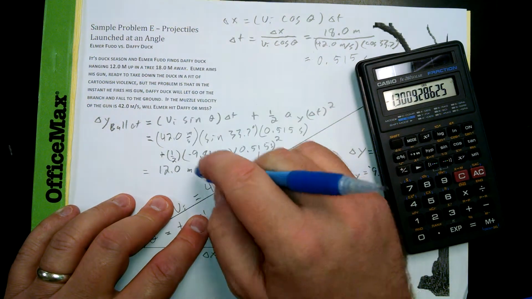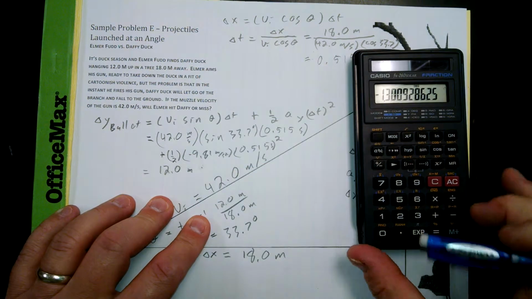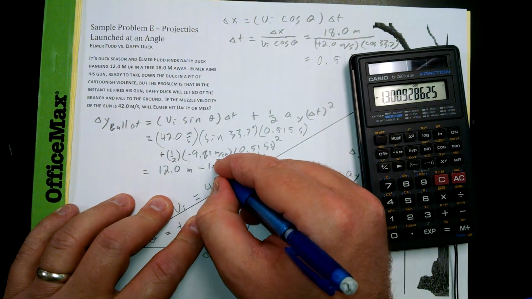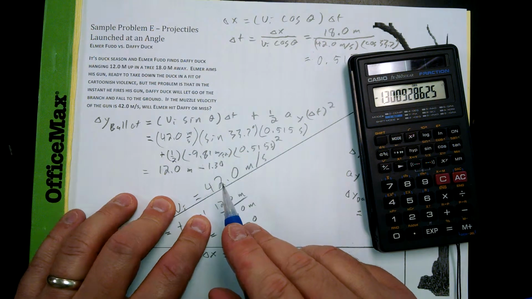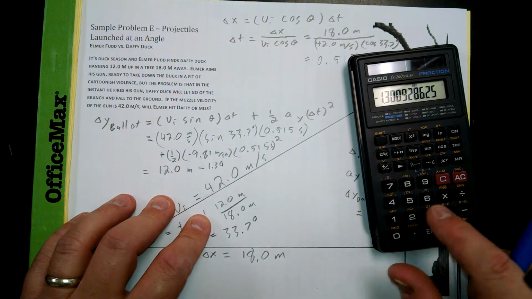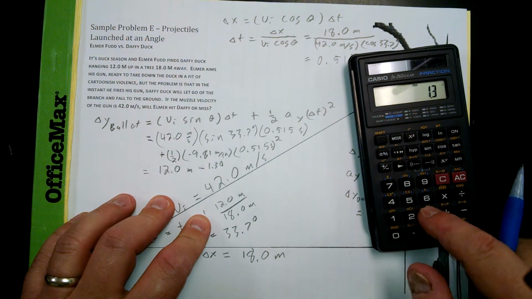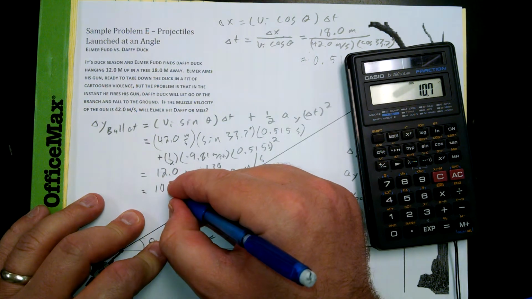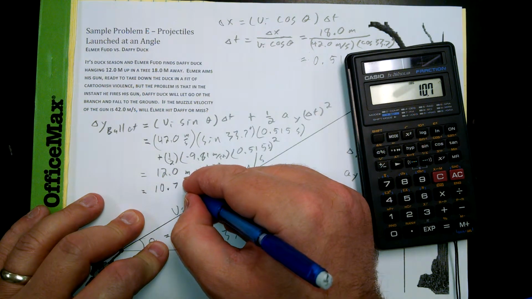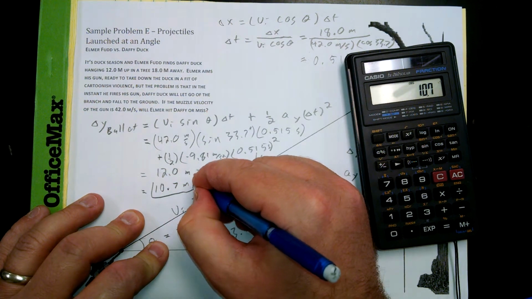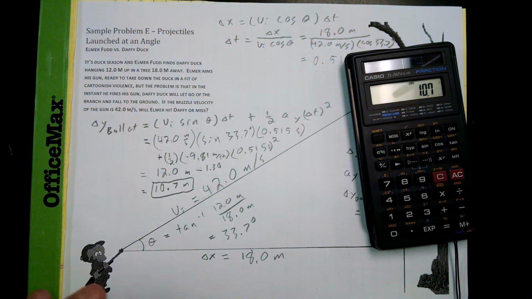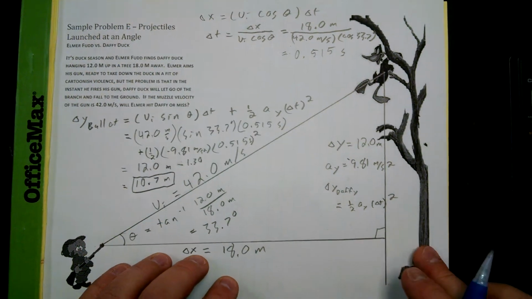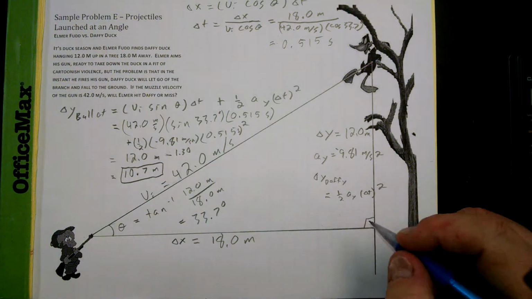And actually, I shouldn't have put a plus in there because that's going to be a negative value, as you can see on the calculator. So that is going to be minus 1.30. I'll go ahead and use 3 sig figs. So 12 minus 1.3 means the bullet is going to rise about 10.7 meters. Okay, so we know what's going to happen to the bullet. From ground zero, it's going to go up to 10.7.